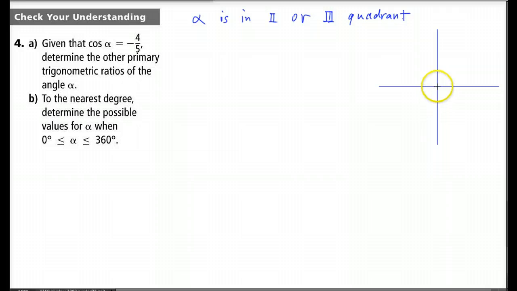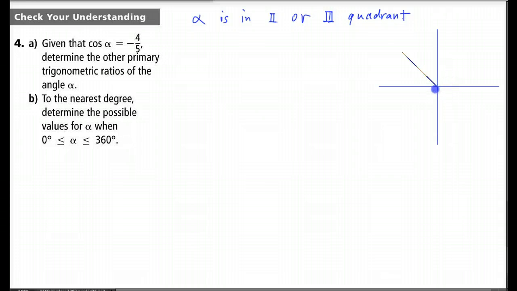So the terminal arm is going to be like this, 4 over 5. So it should be like this.